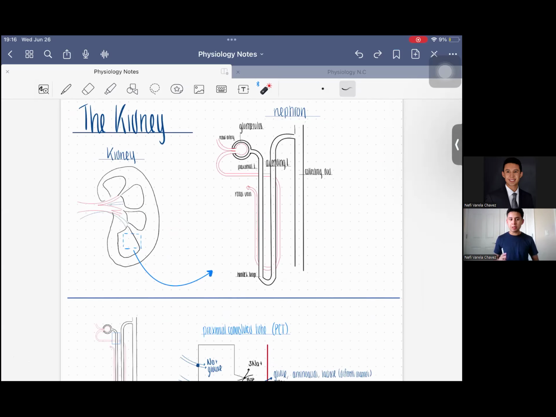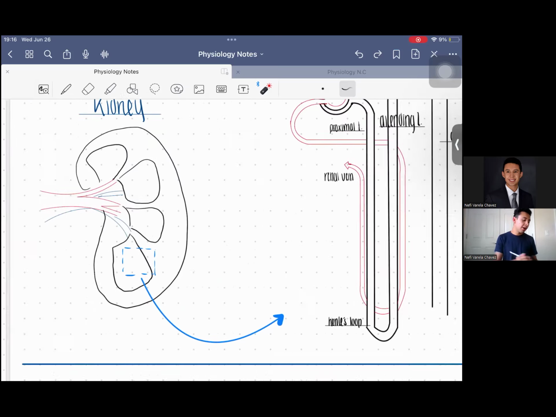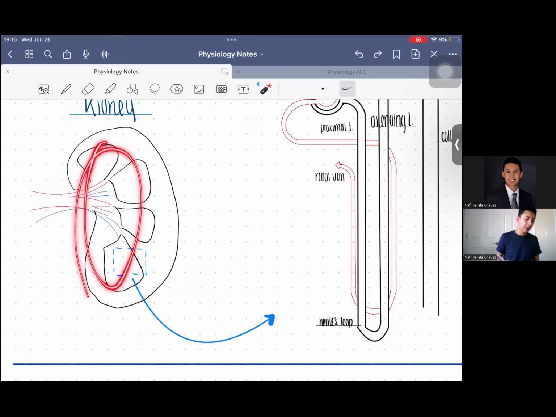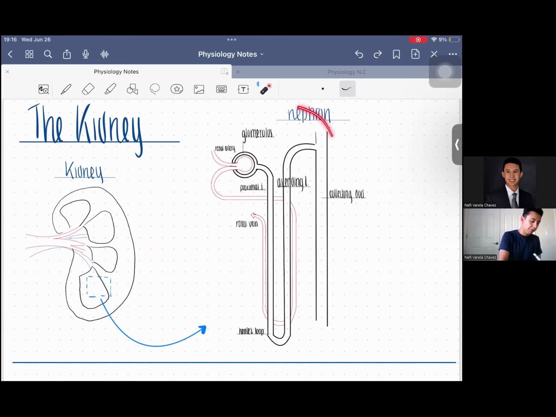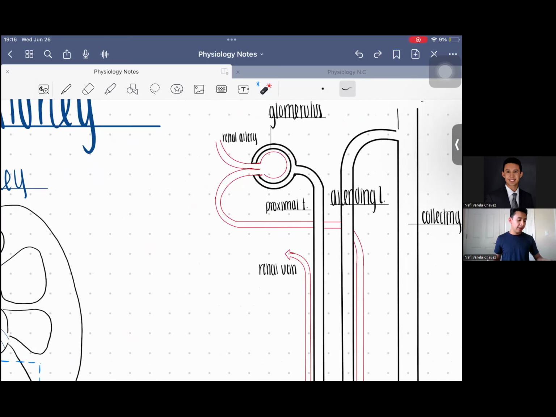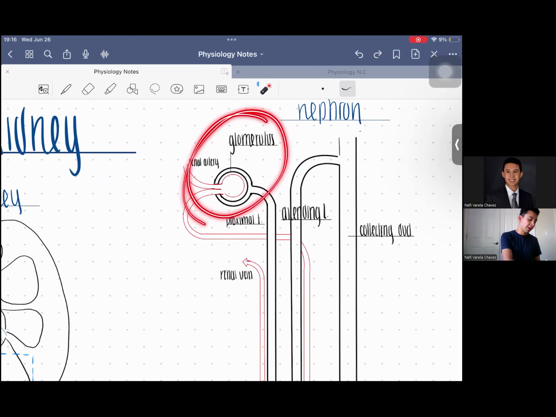Okay, so now movement of molecules. Here in the medulla of the kidney, we will have our good old friends, the nephrons. Okay, this is going to be the nephron. And we already talked a little bit about the glomerulus, where we have filtration and everything.